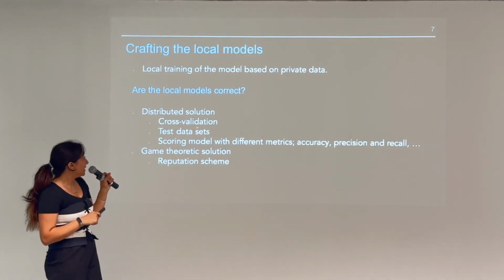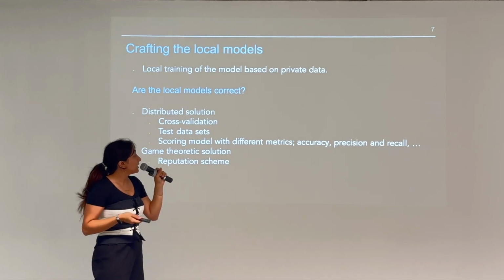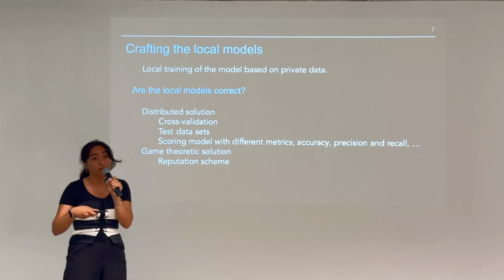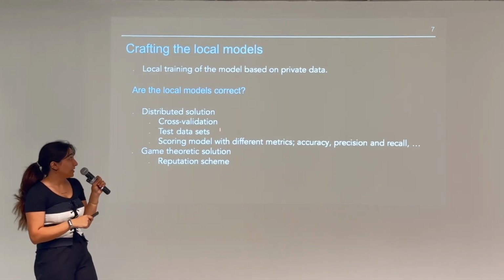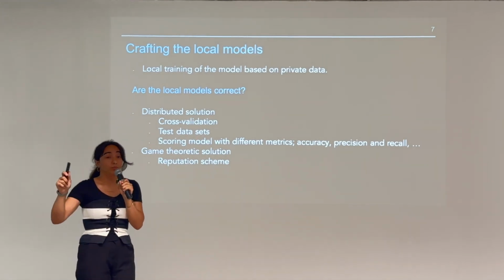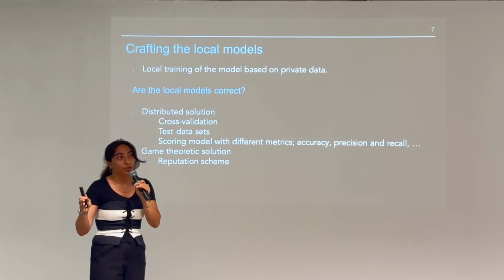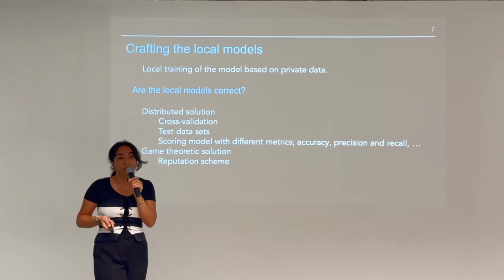Based on what? Well, basically, cross-validation, where each model is tested upon a test data set of another entity in the scheme. Or you can just have a global test data set. Let's say all of you train your models, and you receive another model and you want to see if that model is correct or not.